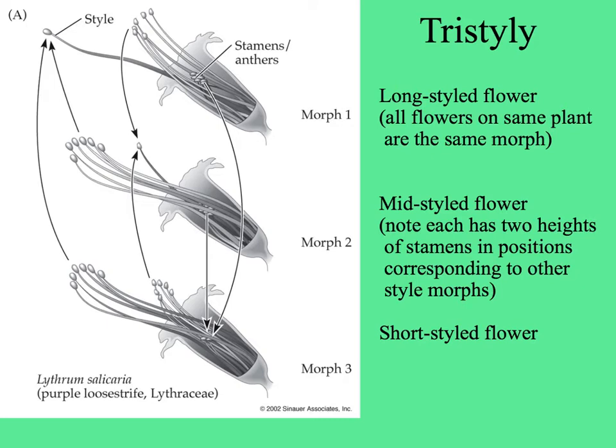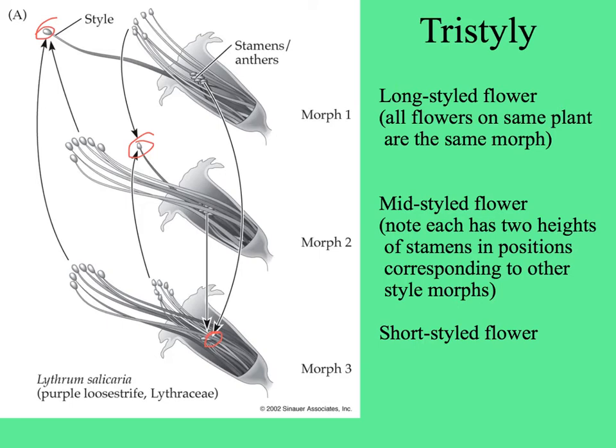So there may be distyly, two forms, or tristyly, and our book chooses to show this diagram of a more complicated tristylous system, where there are three morphs named for the style length, the stigmas being here. This drawing doesn't really draw them beautifully enough, I think, to tell that they're different from stamens.